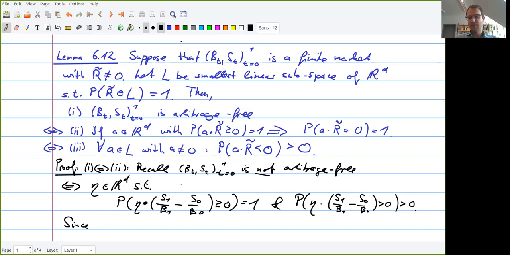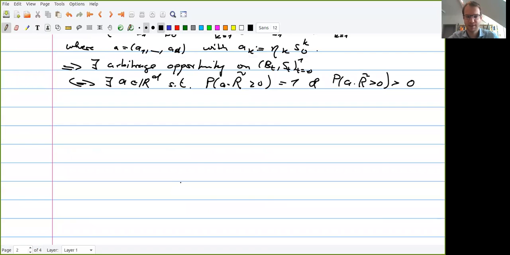Then the returns from such a position in the market have to be strictly negative with a positive probability. Okay, so let's come to the second equivalence here. So we want to show that 2 is equivalent to 3. And then we have the equivalence between all the 3.